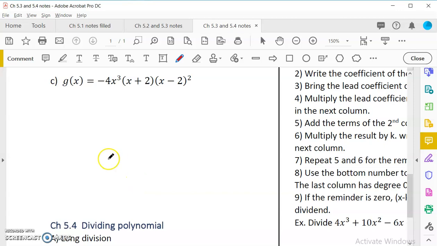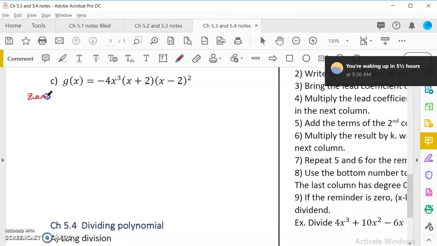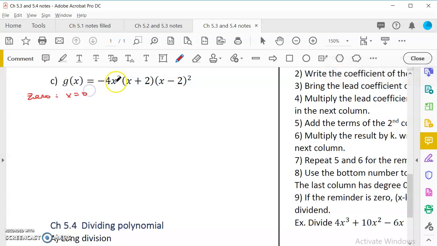The last one. So what are the first things? Zeros and multiplicity. The zero is x equal to 0 from the left. Multiplicity is 3, right? Power 3. So this would cut through. X equal to negative 2.